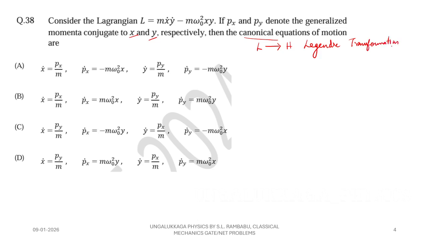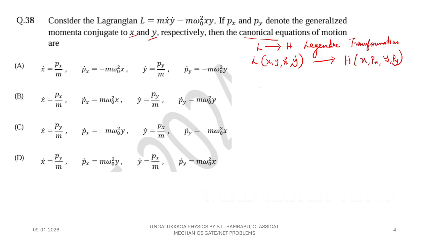Then we proceed. We have to find the Hamiltonian first. L is a function of x, y, x dot, and y dot, and we want the Hamiltonian as a function of x, px, y, and py.